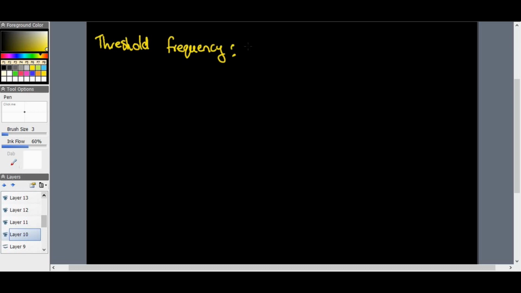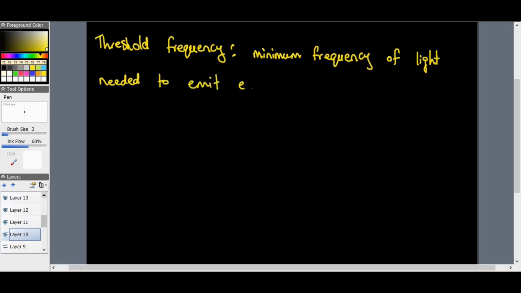Threshold frequency of a metal is the minimum frequency of light that is needed to emit electrons from the surface of a metal.